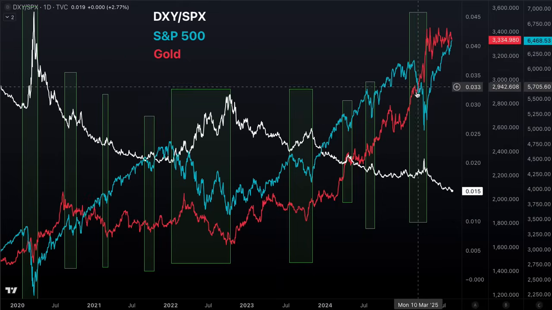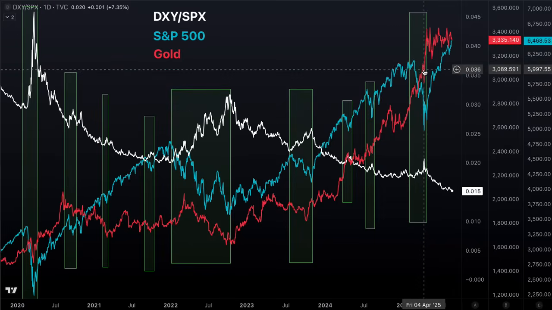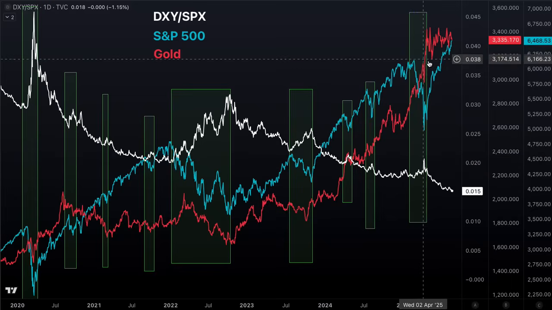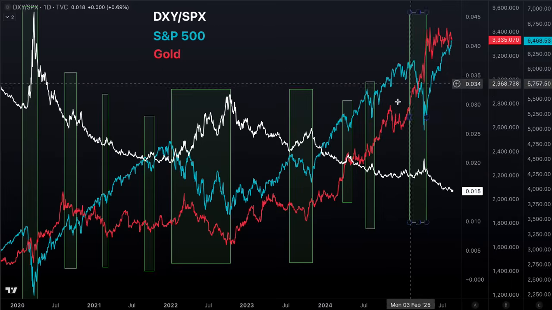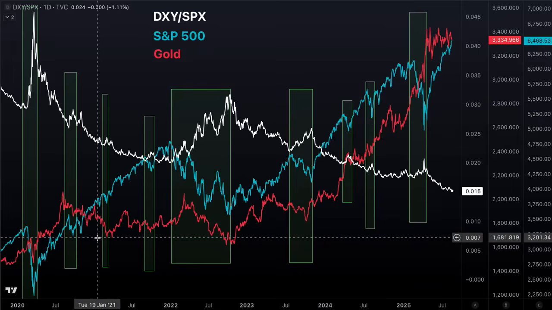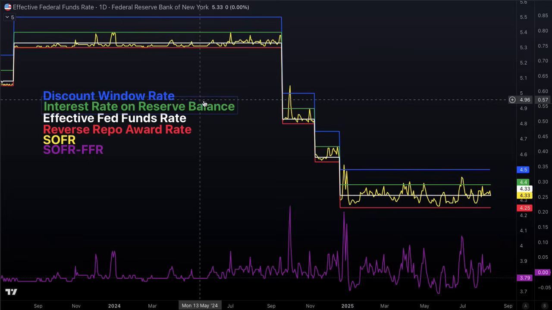The only exception I was really able to find is here, where gold just ripped higher despite DXY over SPX moving higher. So there was something idiosyncratic with gold there. But generally speaking, we have seen pullbacks in the S&P 500 and in gold when dollar conditions get too tight, when dollars become too scarce, because that is really what we're talking about with the reverse repo.